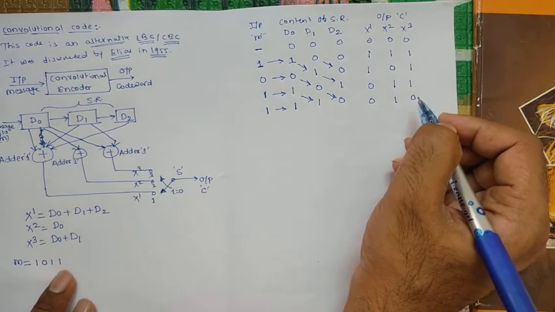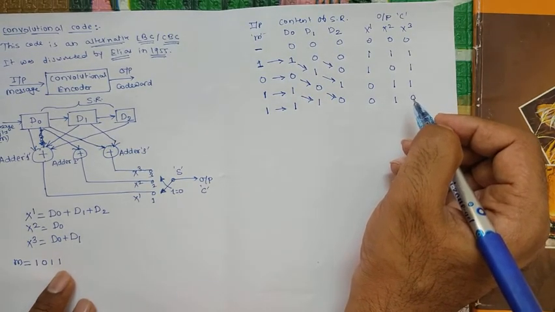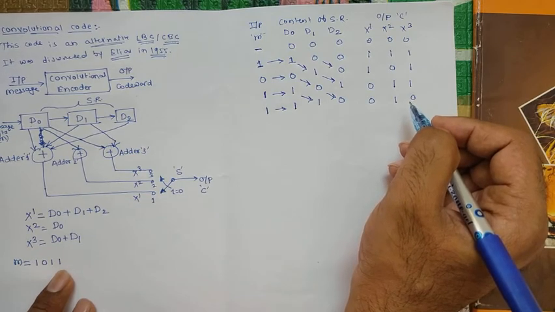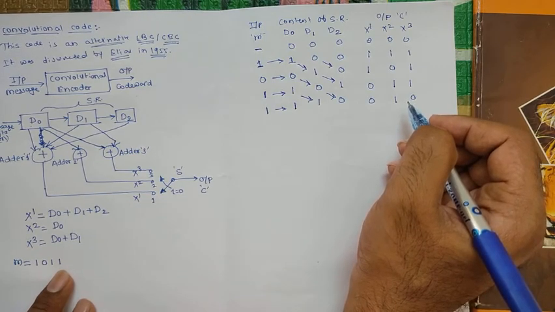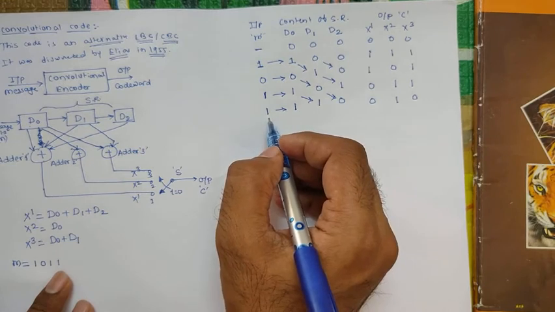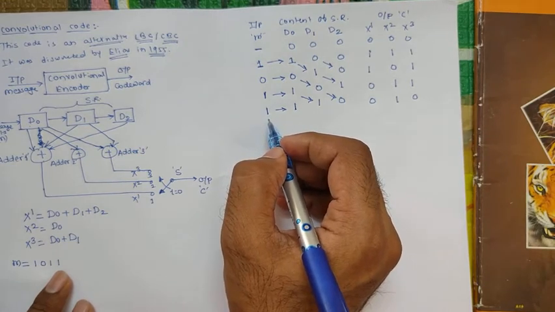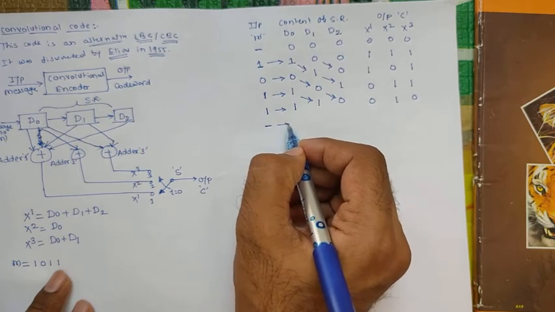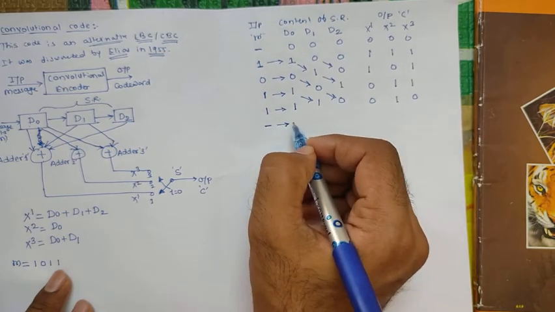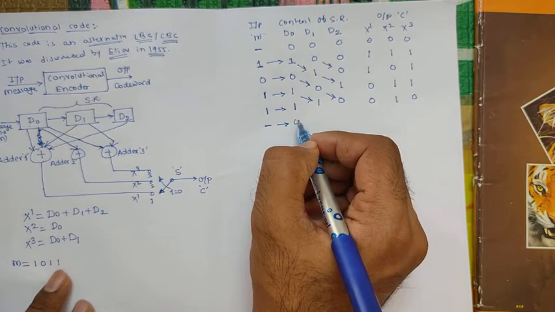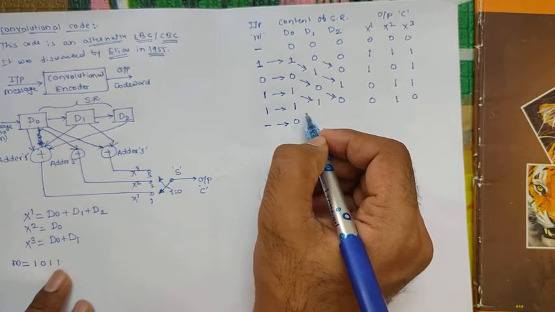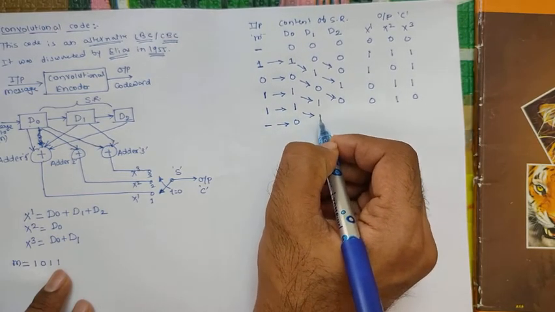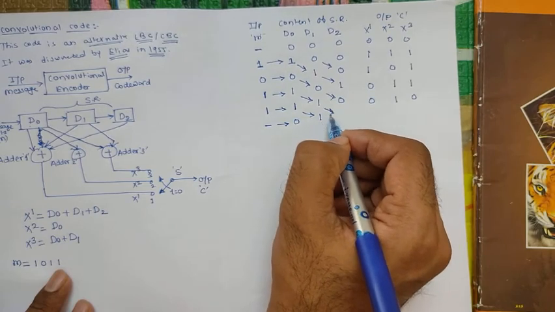Now the operation is not yet over. For how long is this operation supposed to continue? Until the last input bit reaches the last shift register. So even though we are not applying any input, which means 0 is there inside D0, the content of D0, 1, is now shifting into D1 and this 1 will be shifted here.